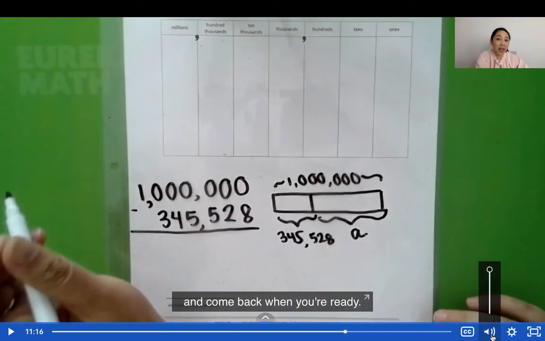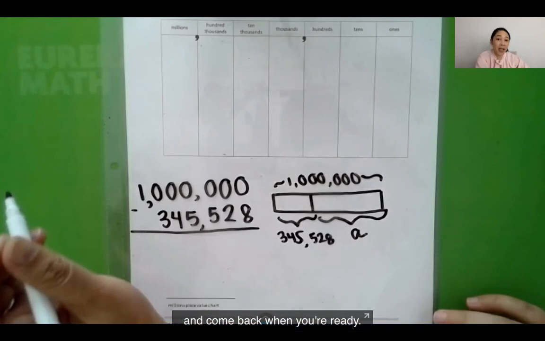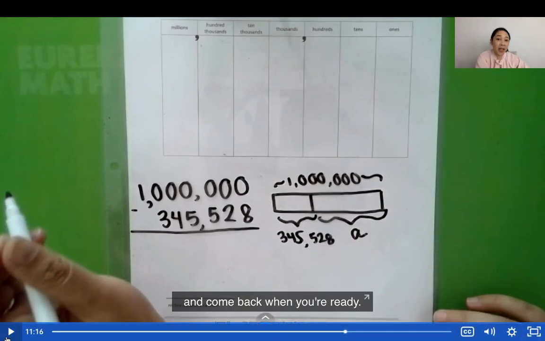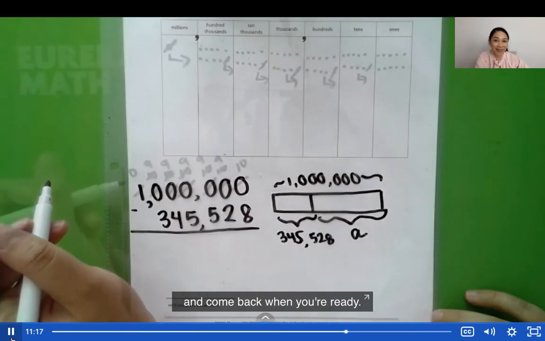Go ahead and regroup all of these numbers on your own and see if you end up with the correct grouping when you're ready to unpause the video. You don't need to subtract yet, just do all of your regrouping. Get your subtraction problem ready to subtract. Come back when you're ready.